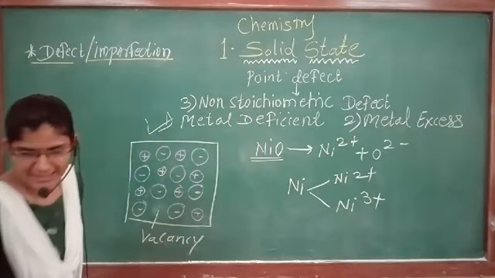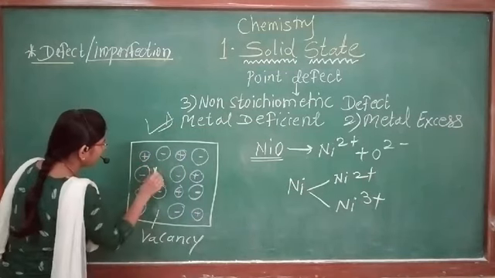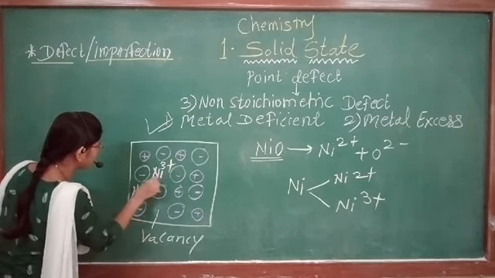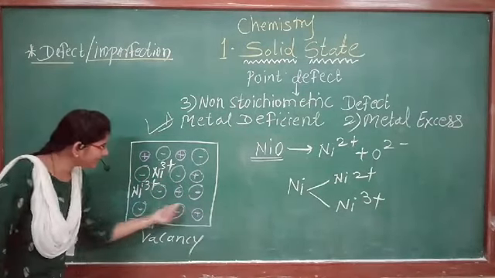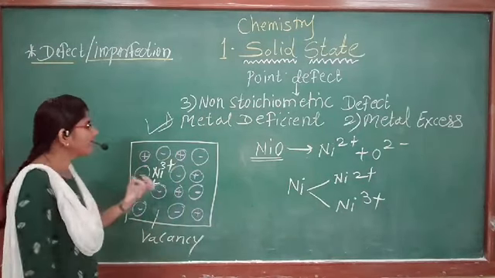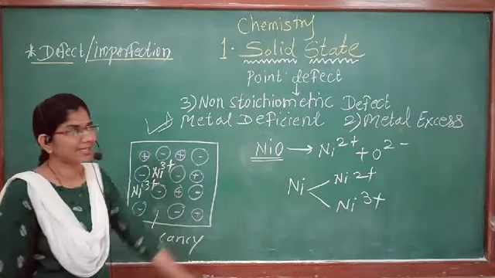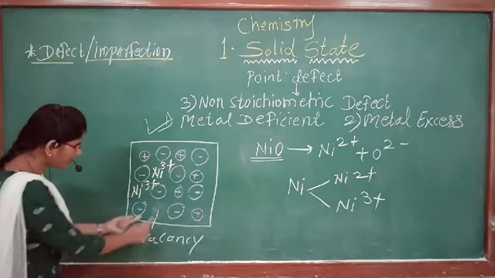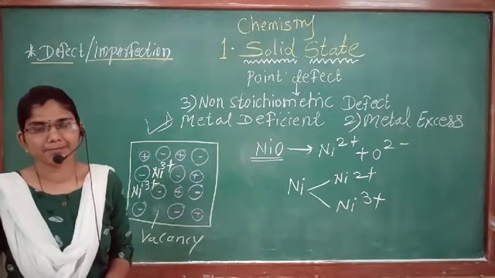That means, instead of Ni2+ here, we have Ni3+, and here also we have Ni3+, in order to maintain electrical neutrality, because all the Ni were having a +2 charge. In the metal deficient defect, a divalent Ni is replaced by a trivalent Ni. Ni has two possible oxidation states, +2 and +3, and therefore one vacancy is created for 2 Ni3+ ions.